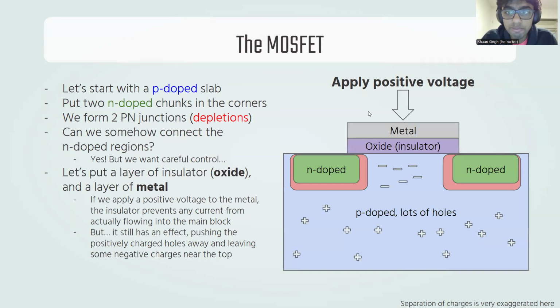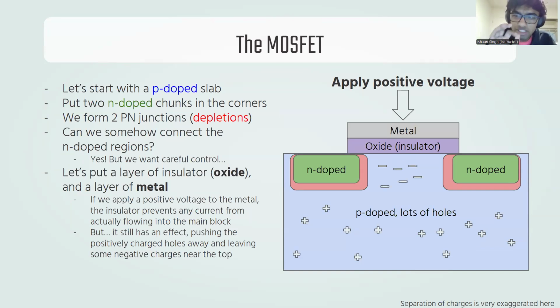Then when we apply some voltage to the metal, there's no current that's going to flow because of that insulator, but the effect is still going to be felt by the p-doped material. And so the positive charges are going to be pushed away from the positive voltage, and the negative charges are going to come up to the top. There's not many negative charges because those are the minority carrier in the p-doped material.